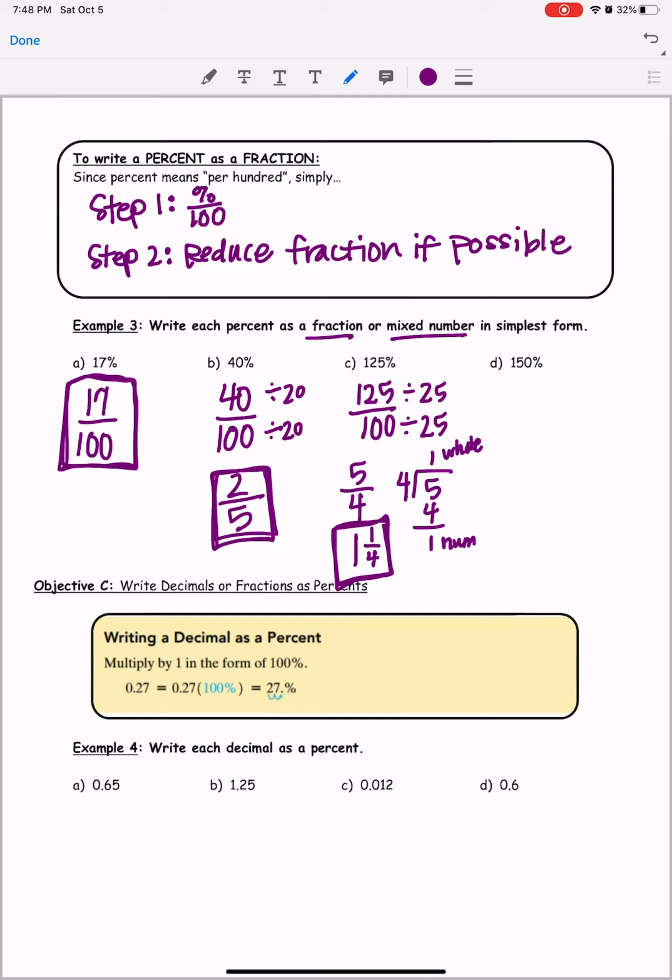Same thing on D, 150 over 100. Let's divide both of these by 50. That's going to give me 3 over 2. So again, mixed number. We have to figure out how many times 2 evenly goes into 3. That is 1 time.